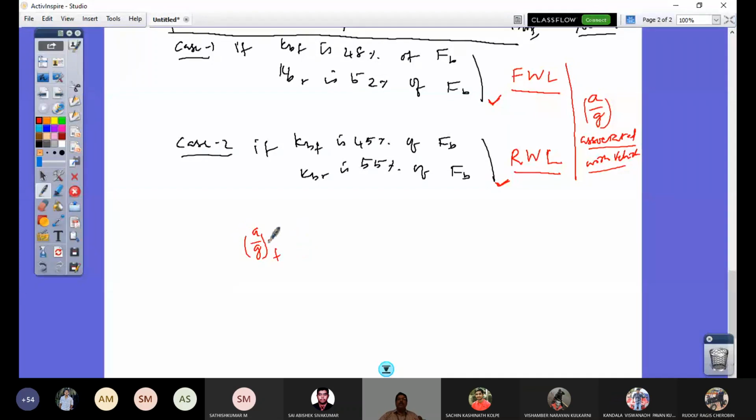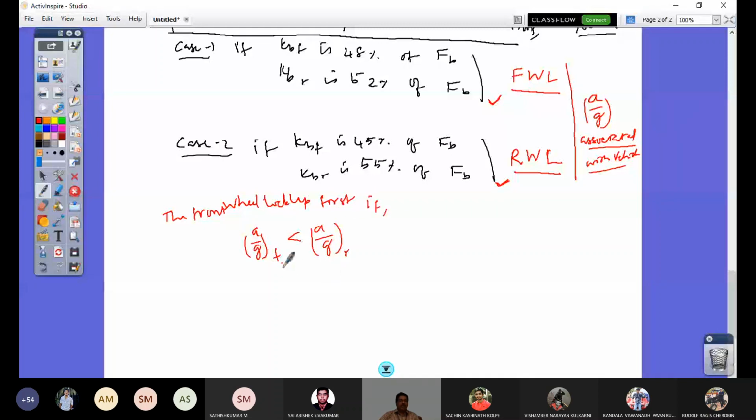If the deceleration associated with the vehicle due to front wheel lock is less than A by G R, if this is the condition, then the front wheel locks up first.